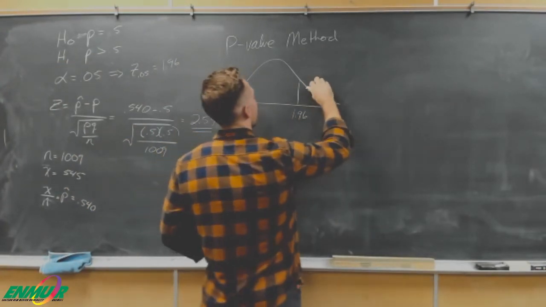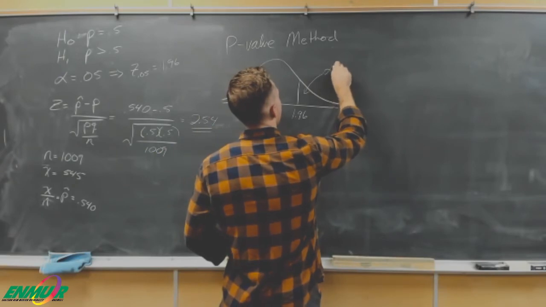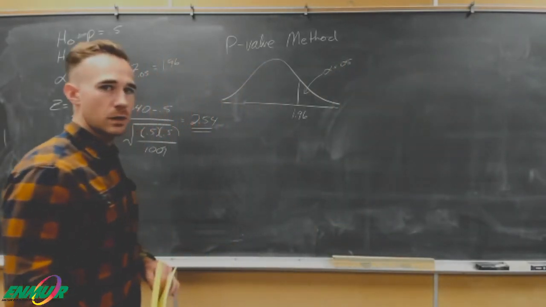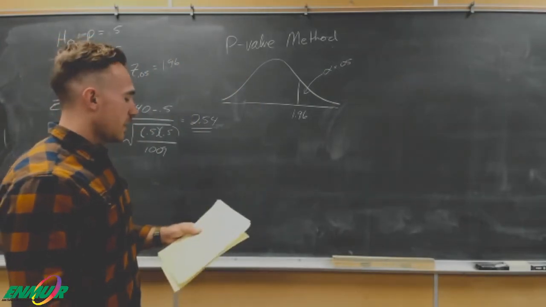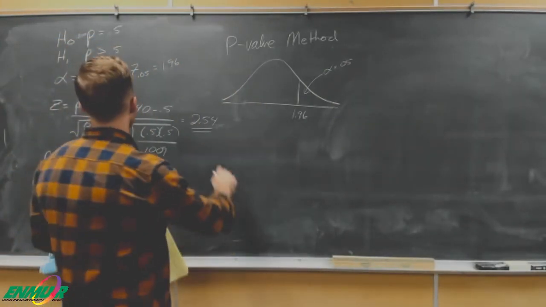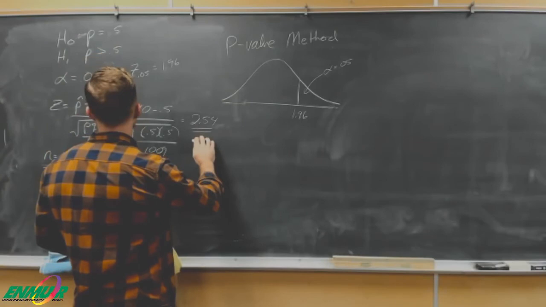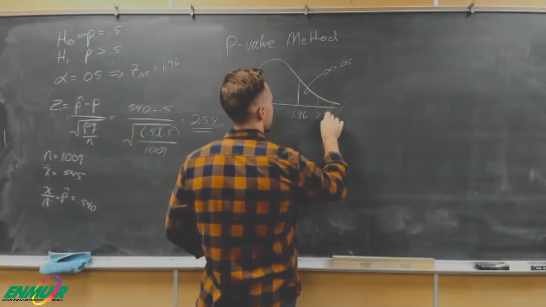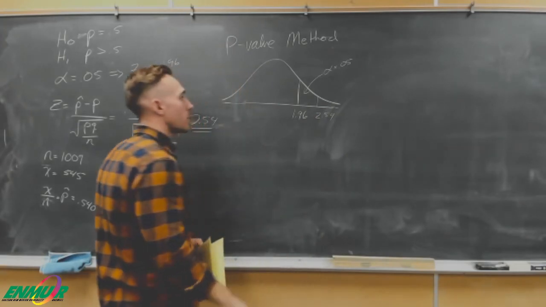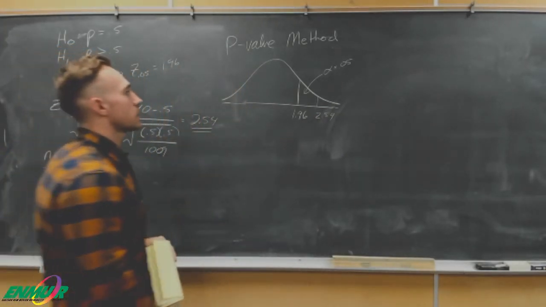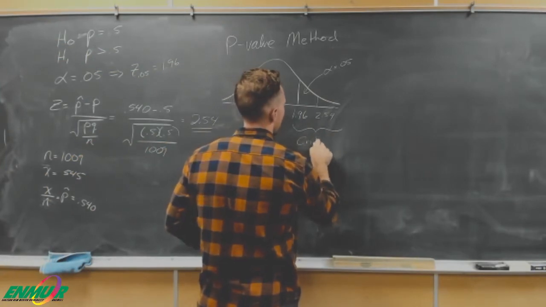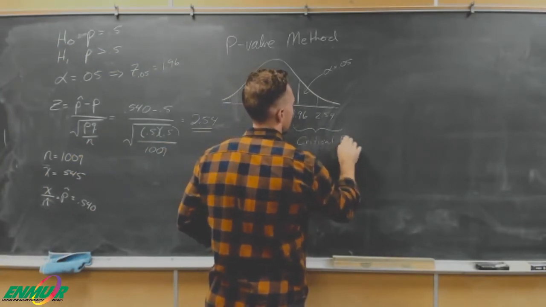That would imply that my alpha is 0.05. Then I've got a critical value over here of 2.54, and let's say that 2.54 is right here. Remember, this is a right tail test. This area over here is considered to be my critical region.